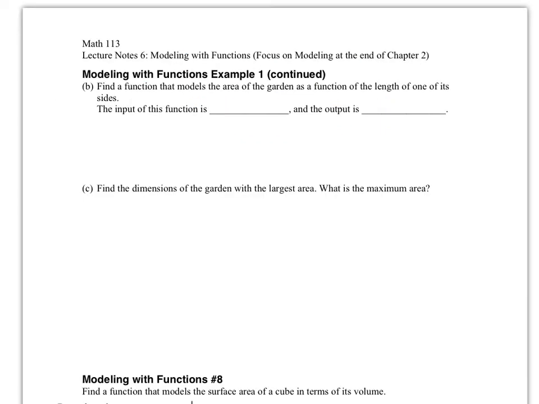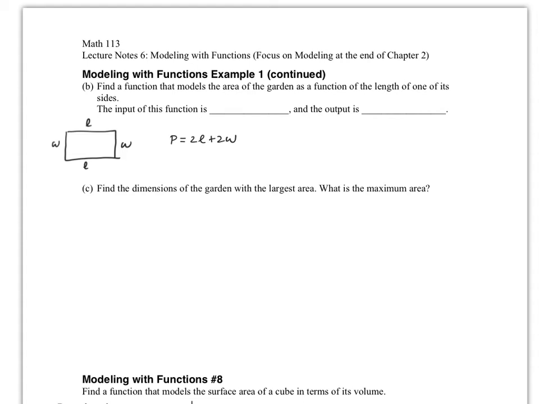Part B is a continuation from the previous page. Remember, this is what we have. We have a rectangle. We call this the length. This is the width. You can also call it x and y. It doesn't matter. And remember, we have that the perimeter is equal to 2L plus 2W.